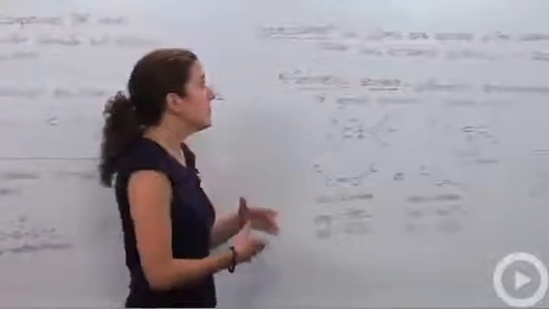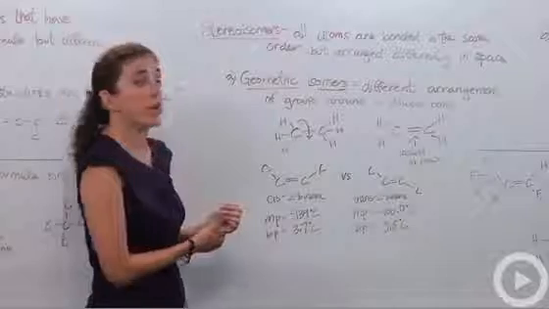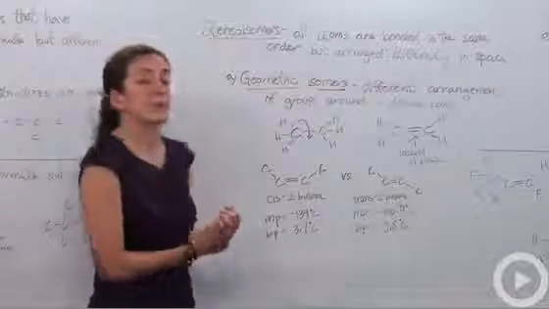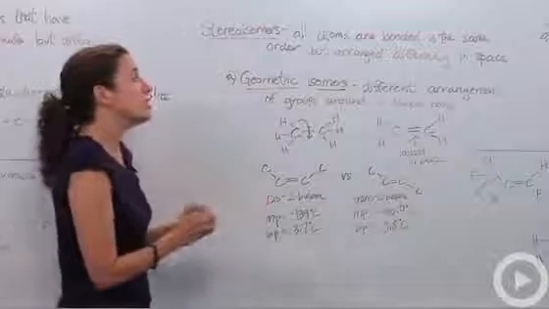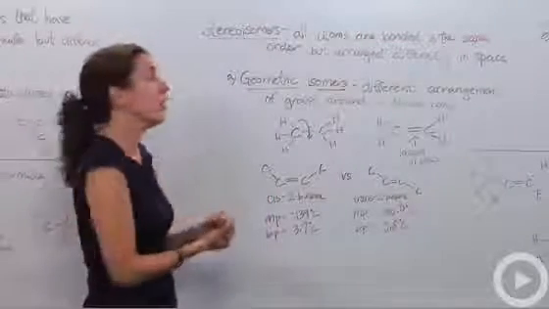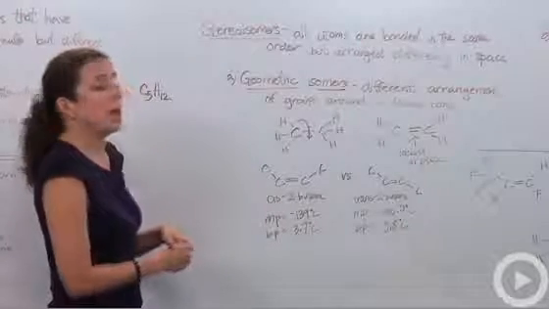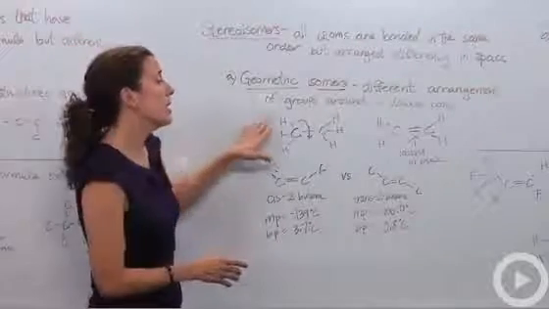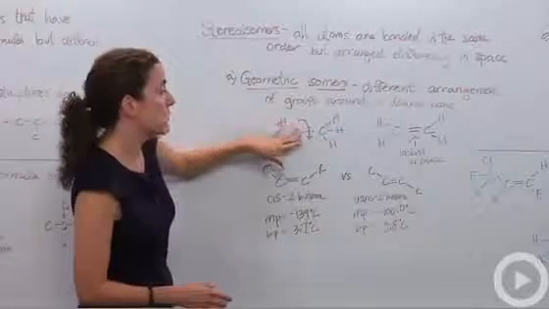Another type of isomer are stereoisomers. Stereoisomers are when all atoms are bonded in the same order, but arranged differently in space. This is a little bit more difficult to comprehend. There are two main stereoisomers I want to make sure you know. That's geometric isomers, which is a different arrangement of groups around a double bond. If you're talking about single bonded carbons, they can rotate around that single bond.